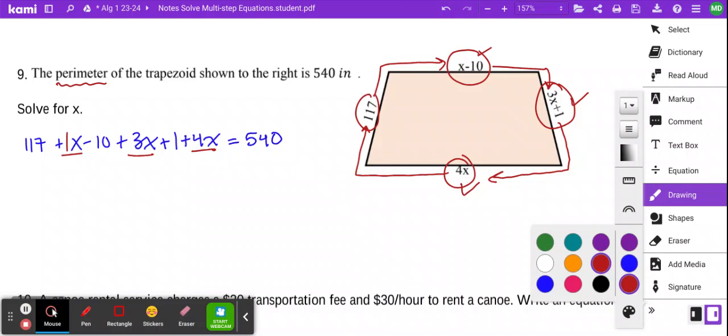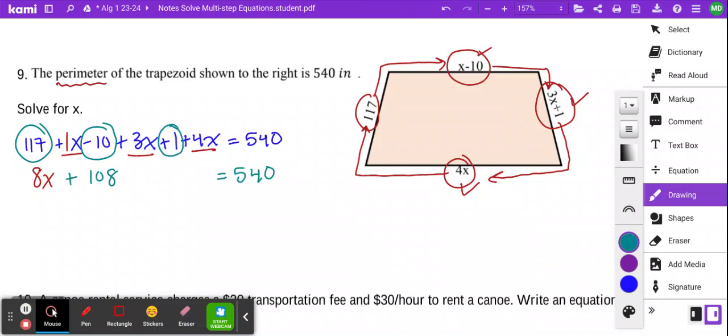So combine those, that's 8x altogether. We have that 117, negative 10, and 1 are like terms as well. Let's go ahead and combine those. Combining, we get 108. Bring down your equal sign and your 540.